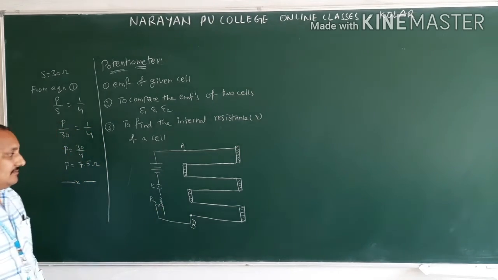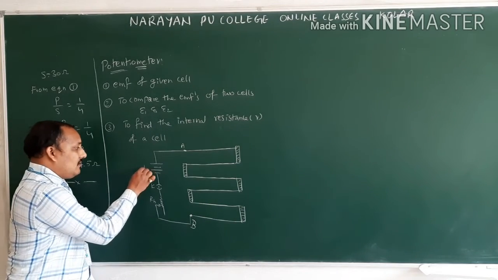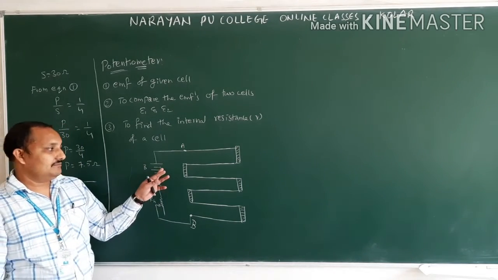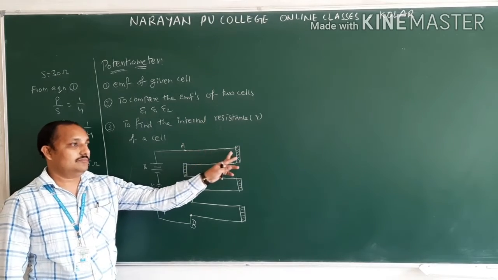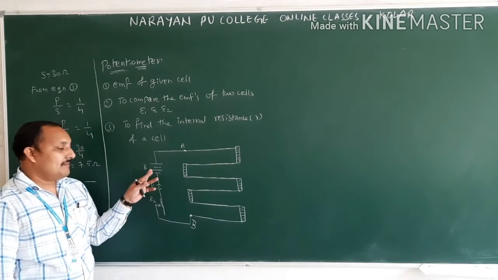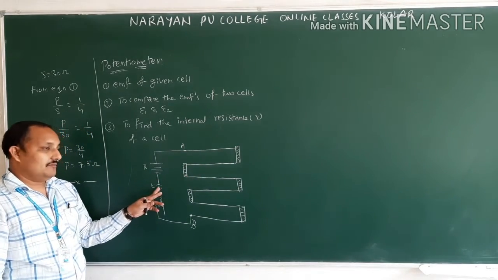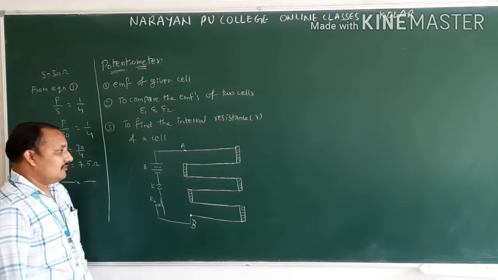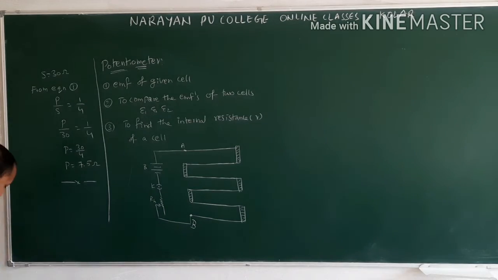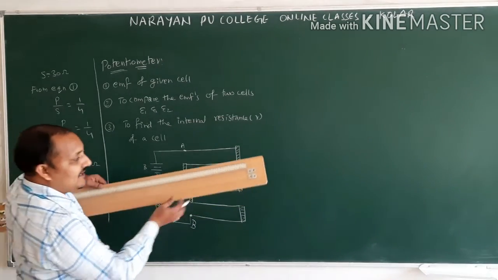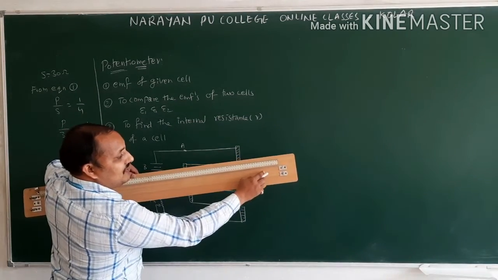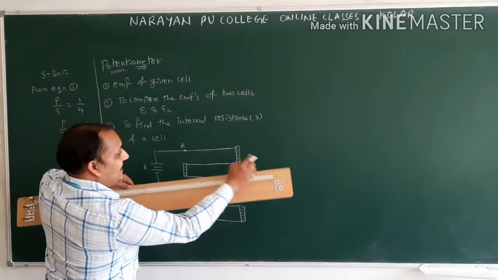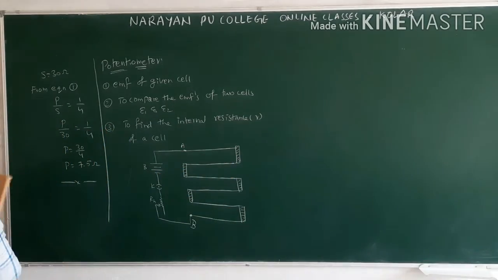So we are providing steady current through the potentiometer wire by connecting a battery with a key. Whenever we close the key, current is going to pass. In this we are going to show a metal strip. You can see this is nothing but a metal strip. Between these 2 wires, one metal strip is going to be connected. So this is the potentiometer.